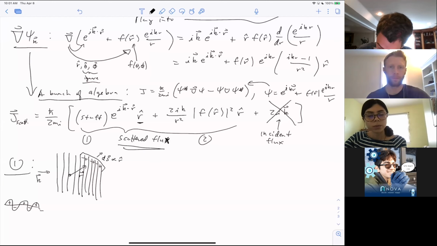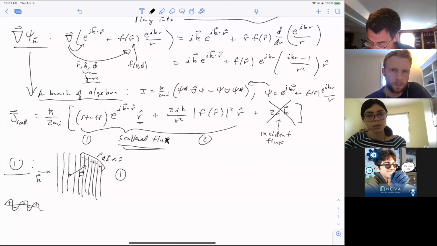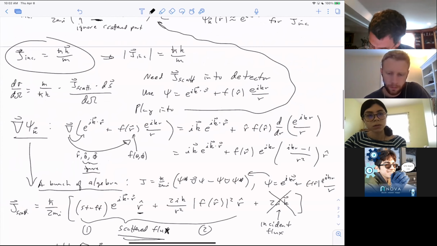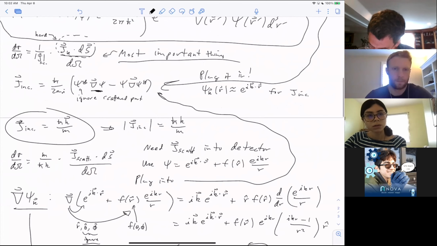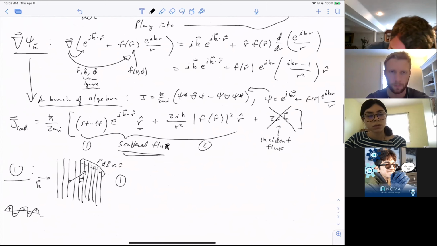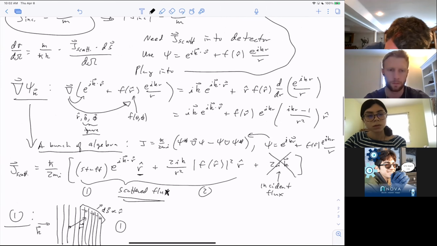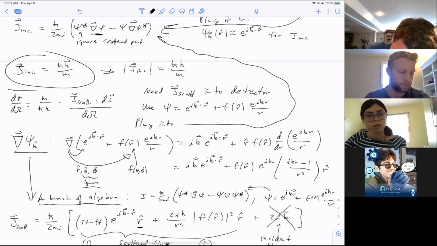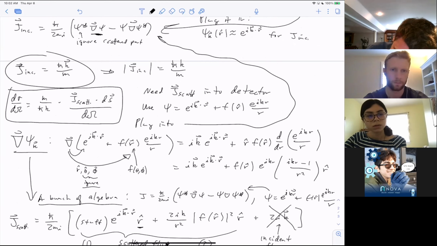Professor, when do you do the flux integral? Well, the whole point is that we're trying to figure out this. Okay, so here's the differential cross section, and it's right here.